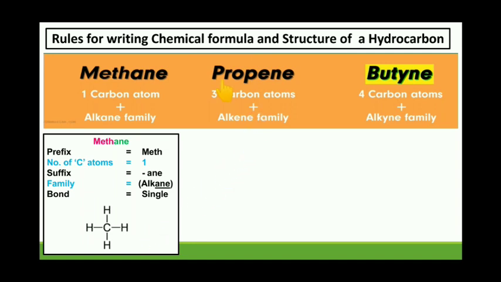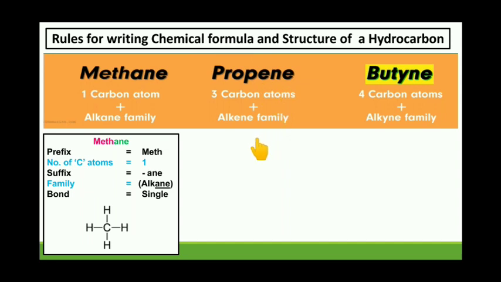Now let's see the example of alkene family. Example given is propene. Now if you split the name, you will get the prefix and suffix. Prop, prop indicates there are 3 carbon atoms, and suffix ene tells it is a member of alkene family having carbon to carbon double covalent bond.